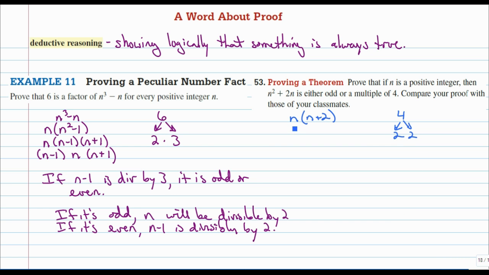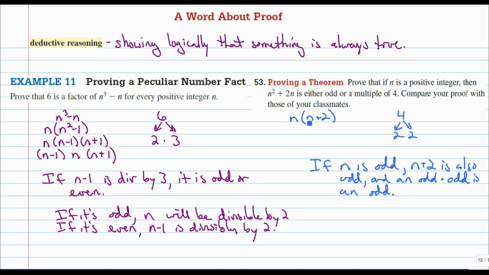Let's see. If n itself is odd, an odd times an odd is an odd. So if n is odd, n plus 2 is also odd: 3 plus 2 is 5, 5 plus 2 is 7, 7 plus 2 is 9. And an odd times an odd is an odd.